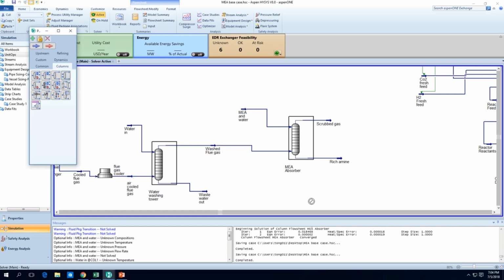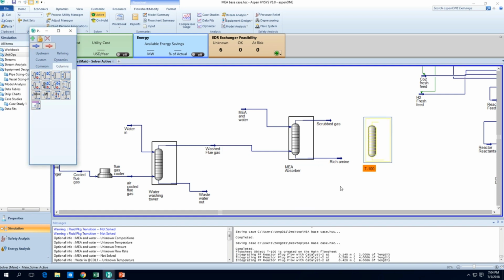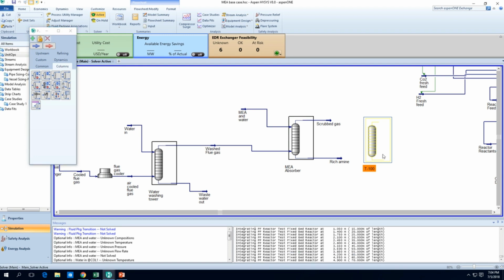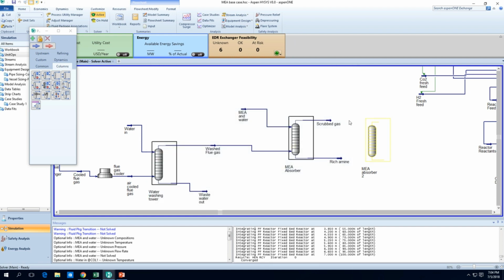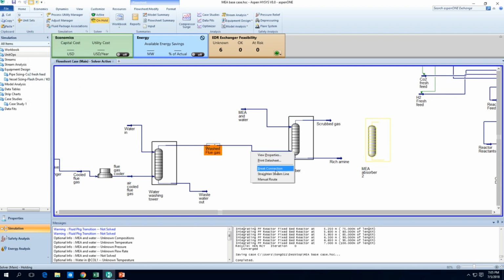So I'm going to do this. I'll name this MEA Absorber 2. Okay, so I'm going to split this stream up into two. I'm going to hold and break the connection here.